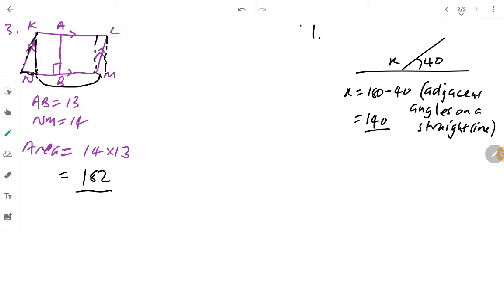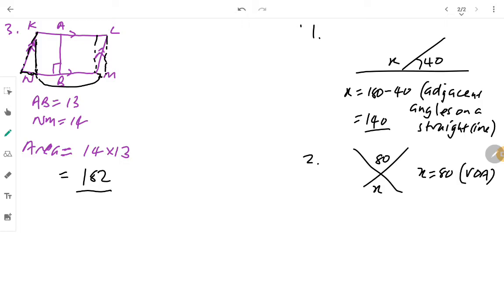I'm trying to summarize using examples rather than just explaining what it is. Then the other thing that we did: I'll say this is 80 degrees. Then calculate x here. What is the value of x in this case? The value of x is also 80 degrees, and the reason is VOA, vertically opposite angles.